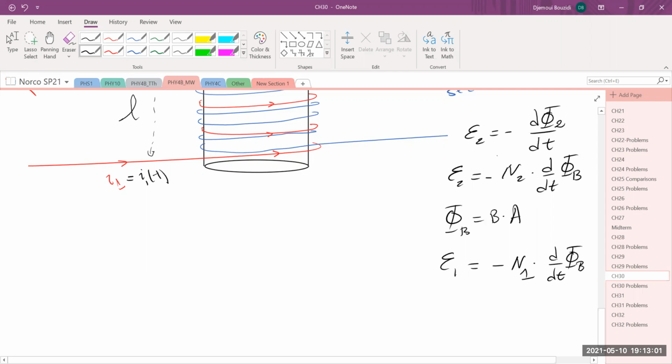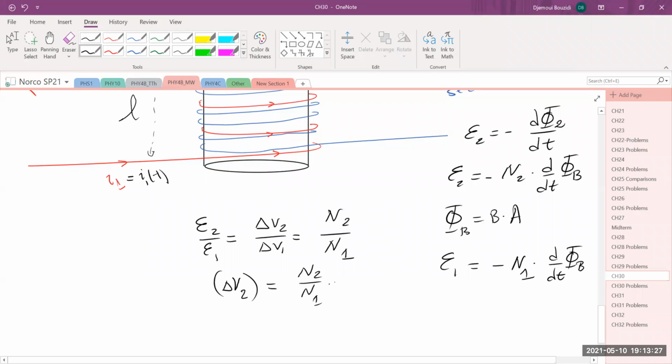So in other words, the ratio of the EMF in the secondary over the EMF in the primary, or if you wish, the voltage across the secondary over the voltage across the primary, is simply the ratio of the number of turns on either one of them. So you could have V2, or delta V2 if you like to call it, equal to N2 over N1 times delta V1.